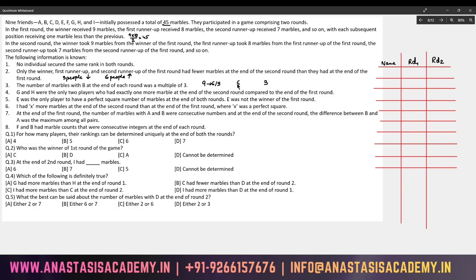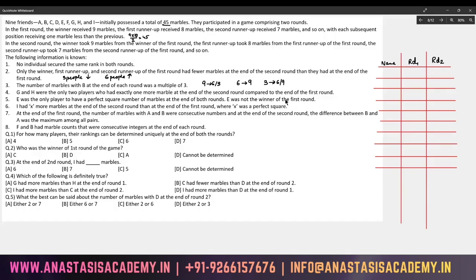If he has 6 marbles in the first round, in the second round his score should go up and he should be reaching 9. This is the only greater multiple of 3 available above 6. If he had 3 in the first round, in the next round his score will become either 6 or 9. These are the 3 possibilities of score changes for B.